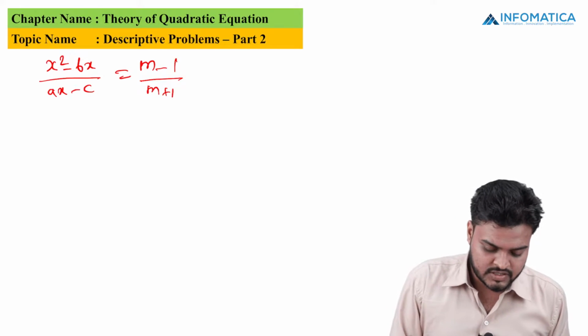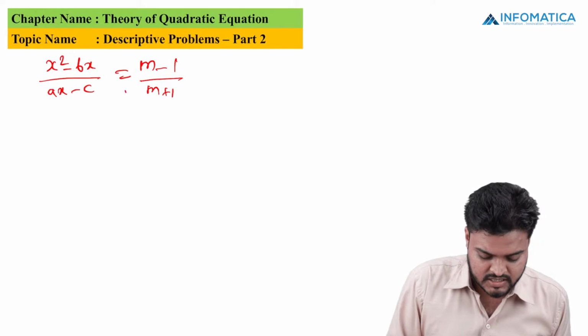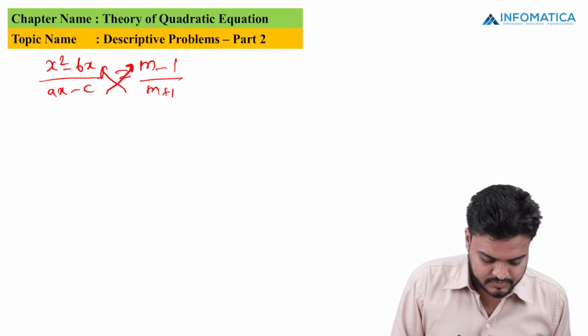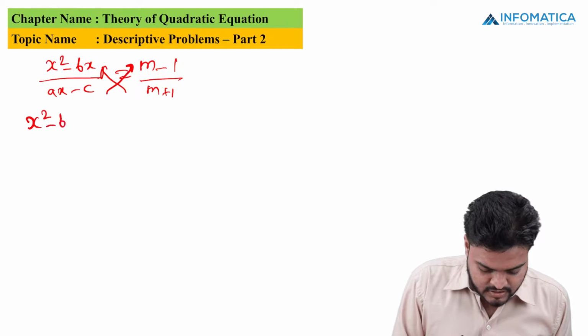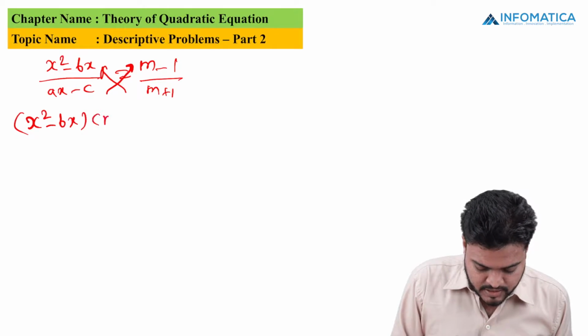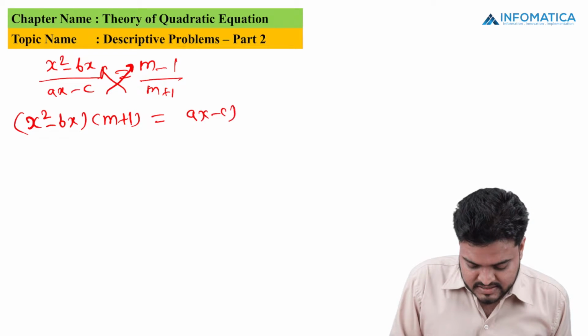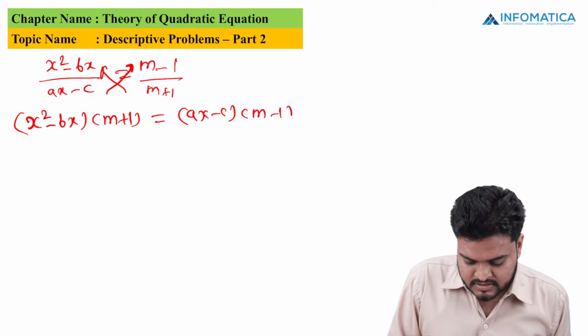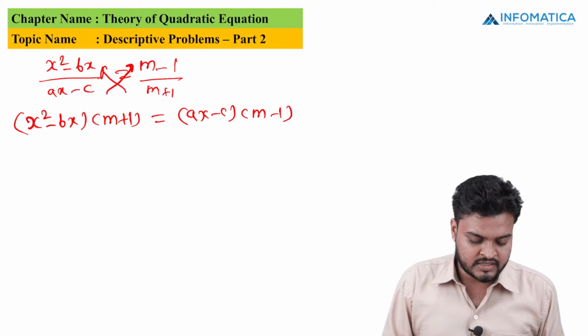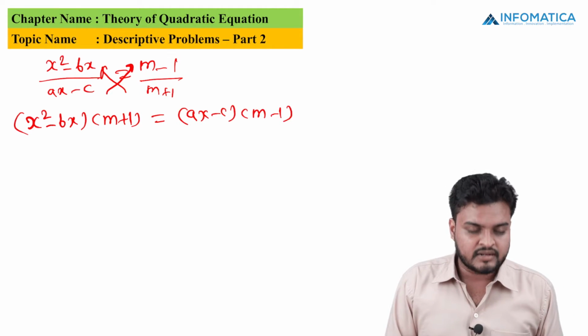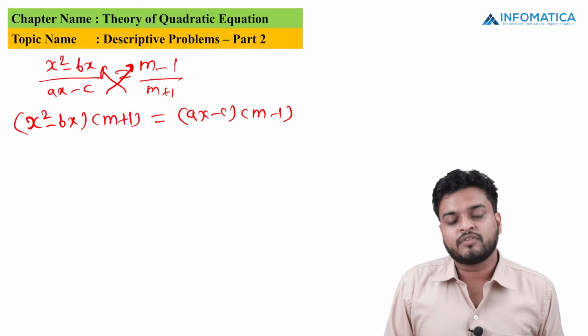Let's solve this question. First of all, just do cross multiplication here. I will get x square minus bx into m plus 1 is equal to ax minus c into m minus 1. Just solve this equation, simplify it and write it in the standard format.